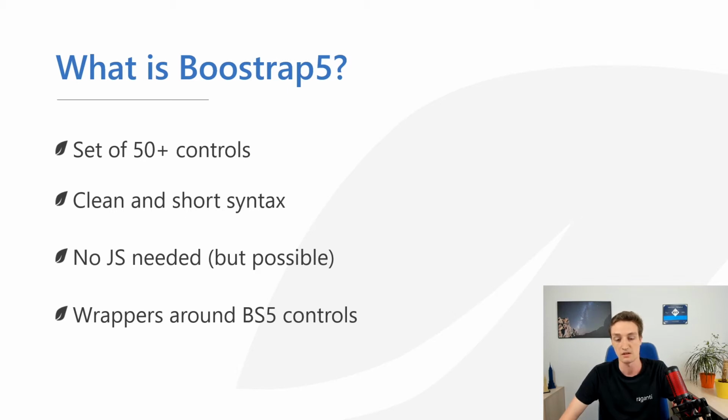But because we are living in this new era when JavaScript is sometimes needed, we decided in this new Bootstrap 5 upgrade to make it so that if you want, you can still get an instance of this particular Bootstrap control and maybe modify or customize it to your needs. So JavaScript is not needed, but it's still possible.